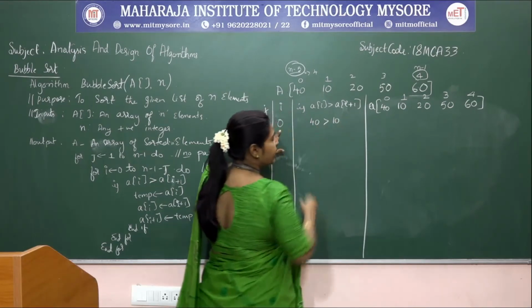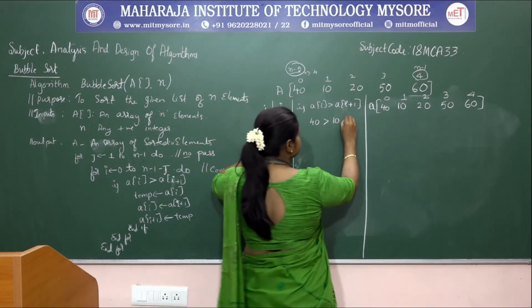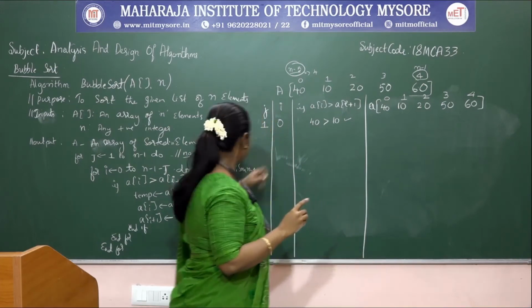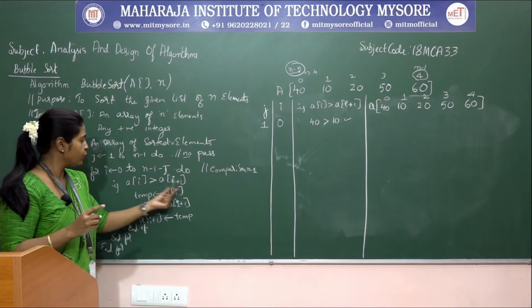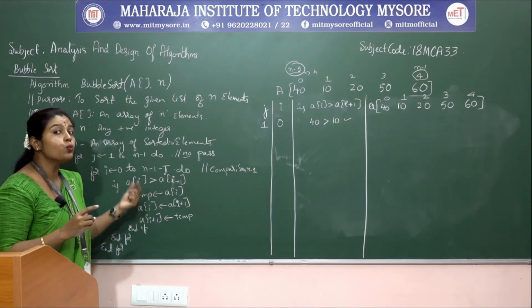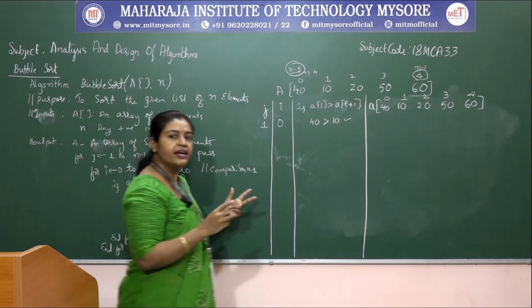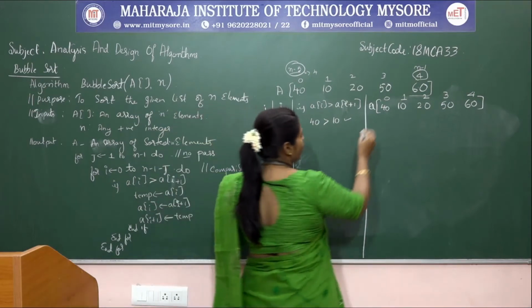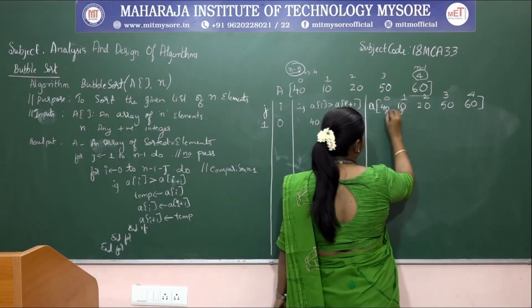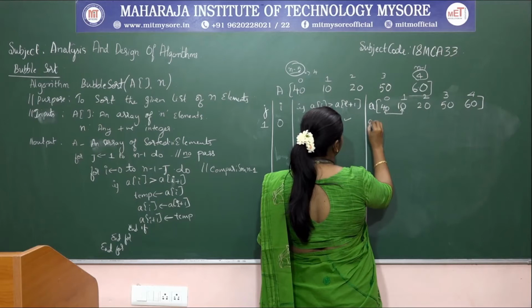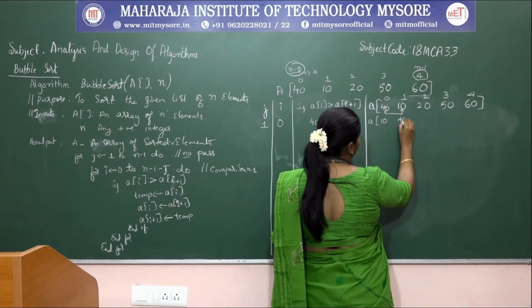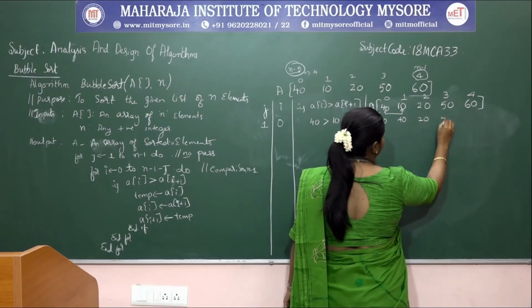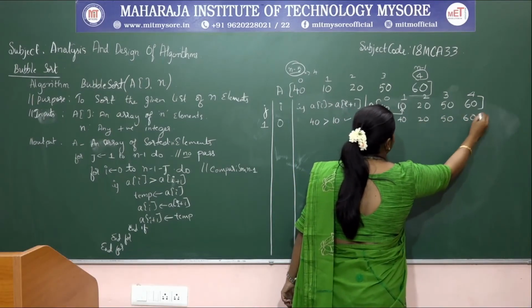So 40 greater than 10, is it true? Yes, it is true. If it is true, what is the action? Swap between those two elements, right? So in order to swap, this will become 10, this will be 40, 20, 50 and 60.